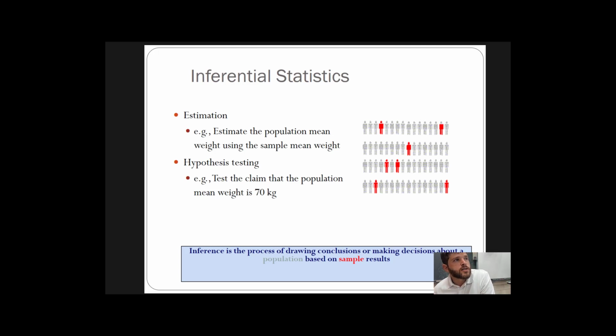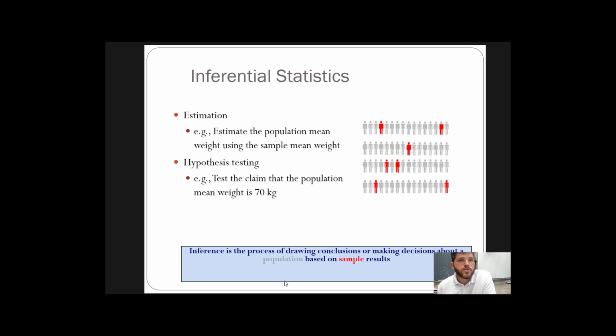Inferential statistics, again, it's drawing conclusions. So you could be estimating the population mean weight using the sample mean weight. You can test hypotheses. So we use inferential statistics to determine if there's a relationship between two variables, and what is the nature of that relationship?